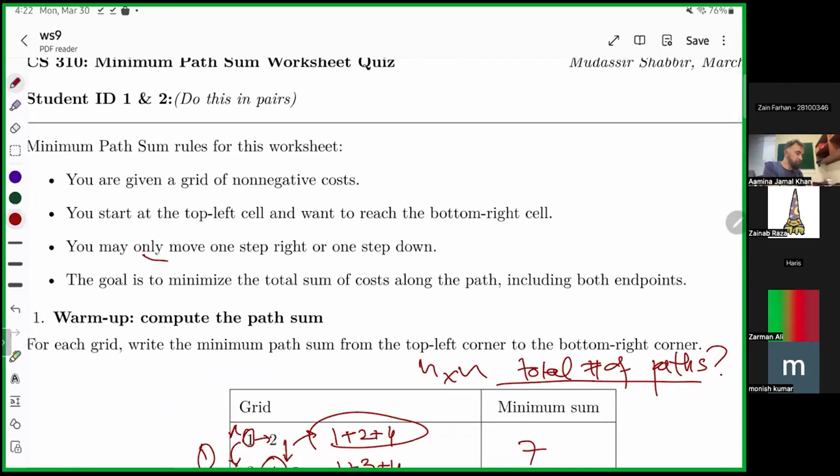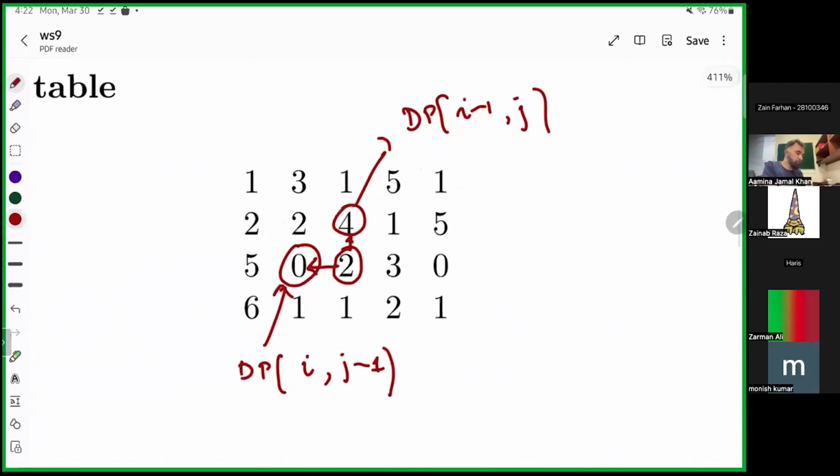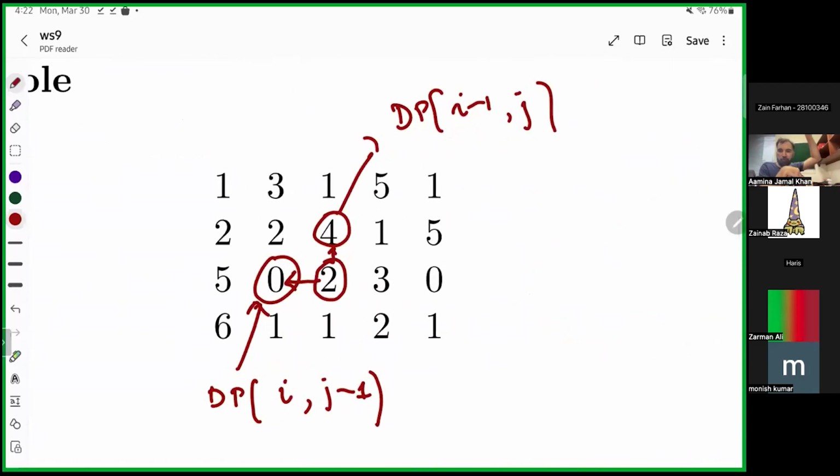Okay, so rules say that you can move to the right or you can move to the down, which means okay, the only way to get to this point 2 is you either come from the top or you come from the left. So what if we went to 1, 2, and instead of 5 and 6, there was like 1 and 1, and then you go to 1, 1, then back to 2 because 0 has like a really big number.